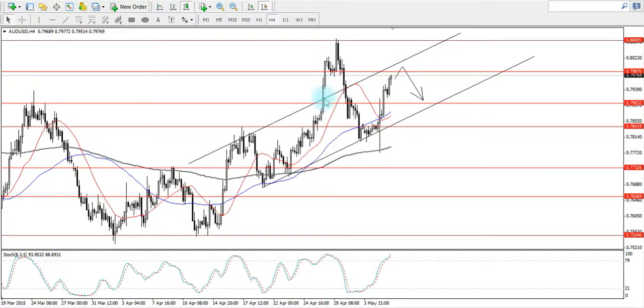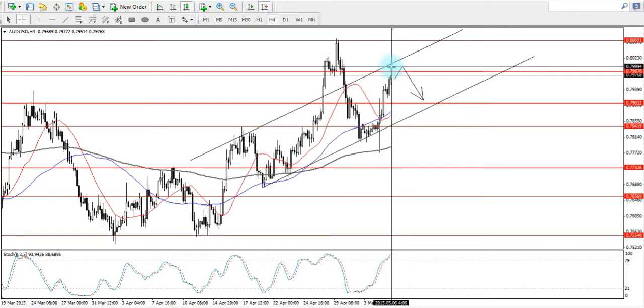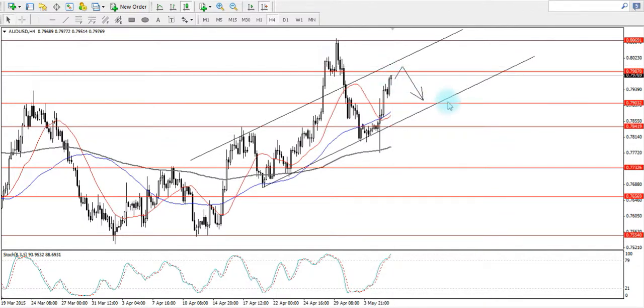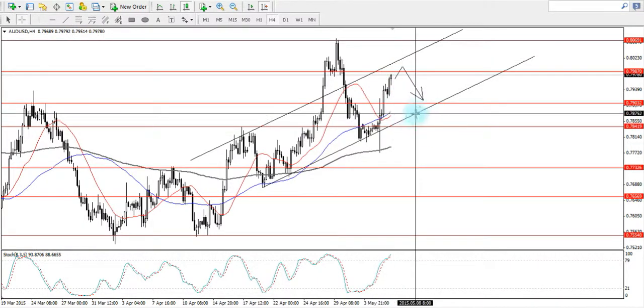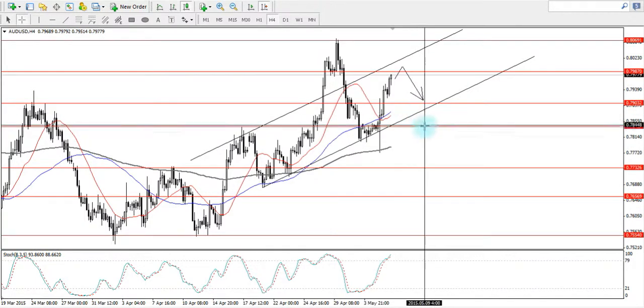If we take a look at this formation, price is about to hit the upper trend line very soon, probably about 20 to 30 pips away, and from there we might want to look for a short opportunity all the way back down to the lower band, the trend line at the lower band itself, and subsequently much lower from there.